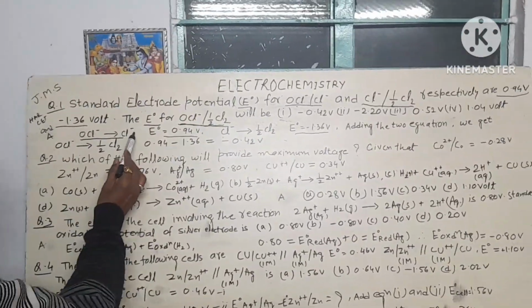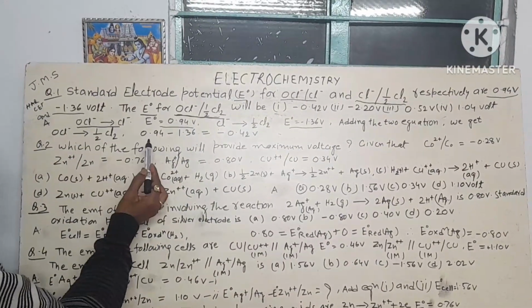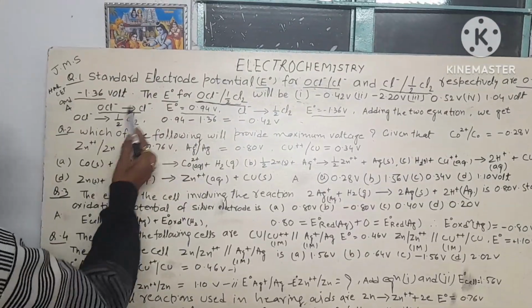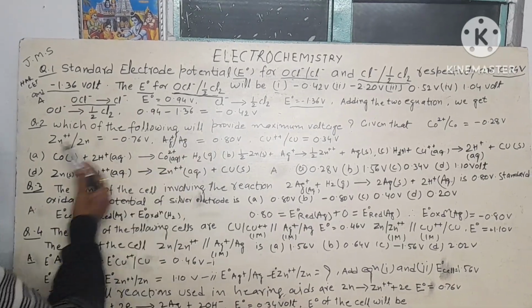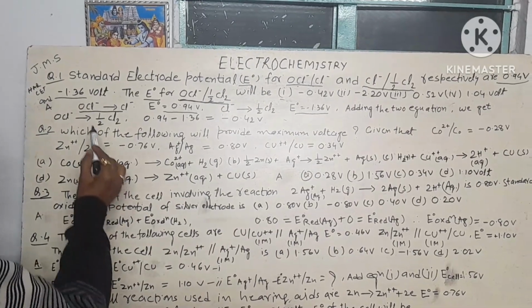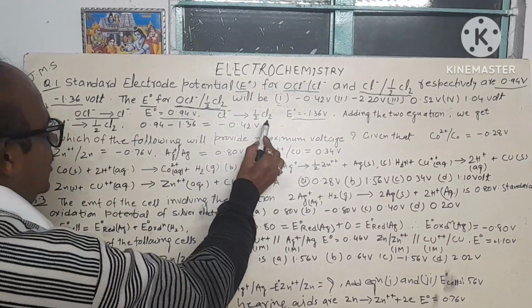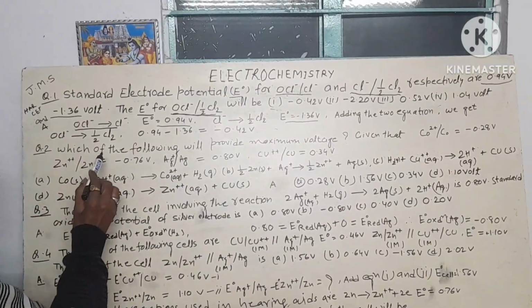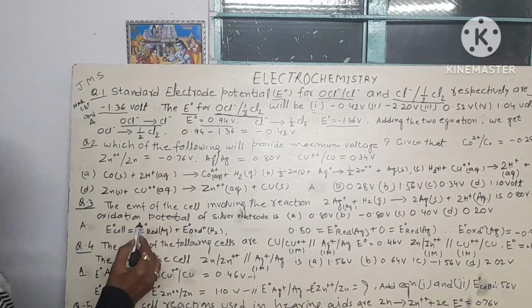OCl minus goes to Cl minus, and the second is Cl minus goes to half Cl2. Both chloride ions will be cancelled. Then what is remaining? Remaining will be OCl minus and half Cl2. Correct? This will remain.